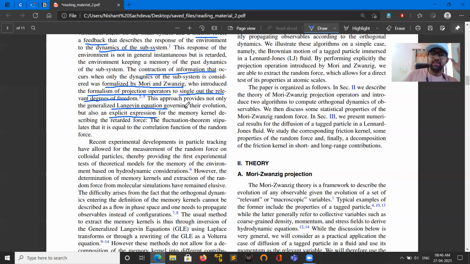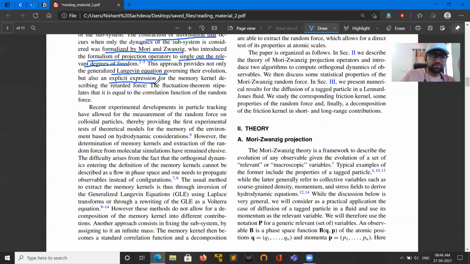They introduced the formalism of projection operators, which helped in singling out the relevant degrees of freedom. This approach did not only generalize Langevin equations and govern their evolution, but it also gave an explicit expression for the memory kernel that described the retarded force. The fluctuation theorem that comes after that stipulates that it is equal to the correlation function of the random force.